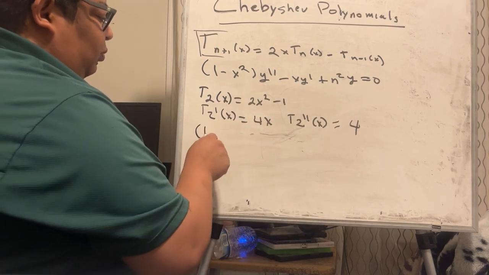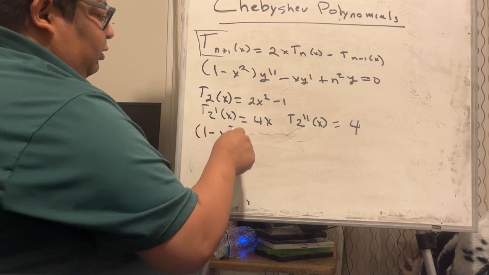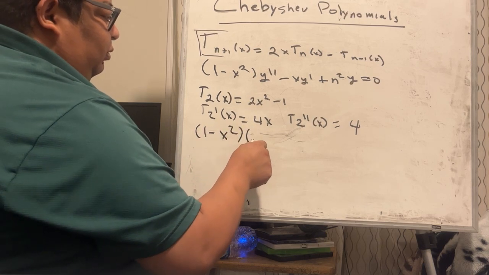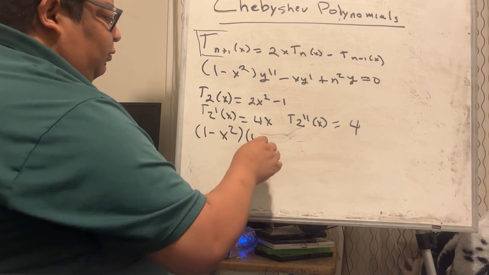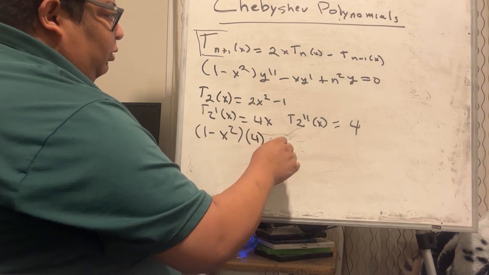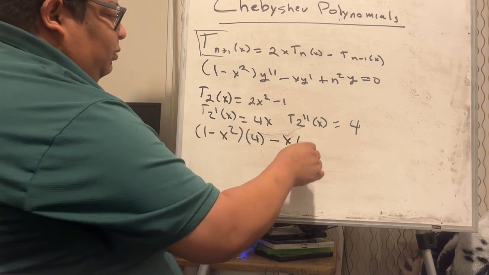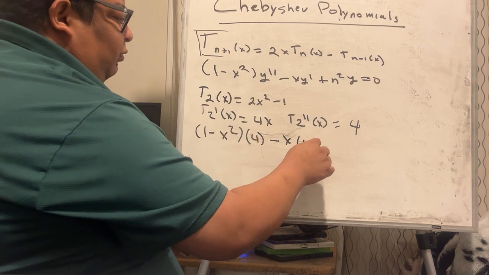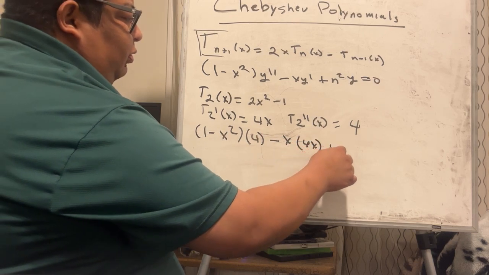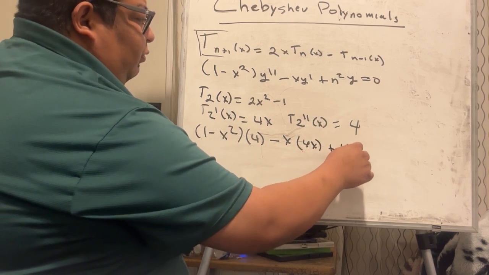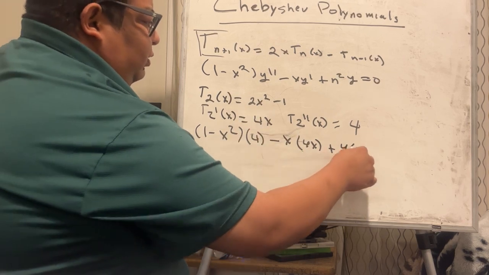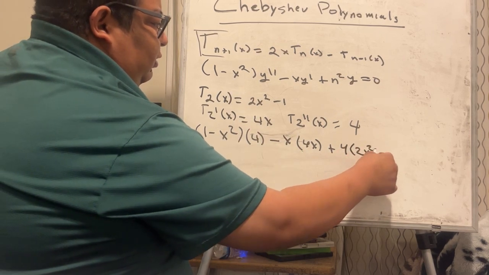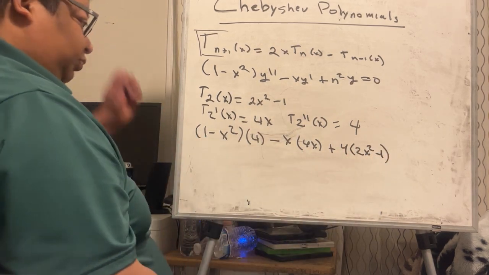That's going to be equal to (1 minus x squared) times y double prime, which is 4, minus x times 4x, plus 4 times y, which is 2x squared minus 1.